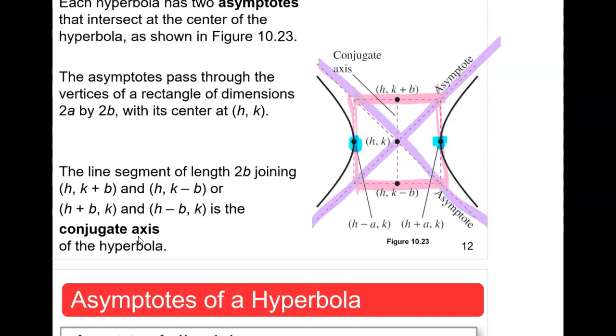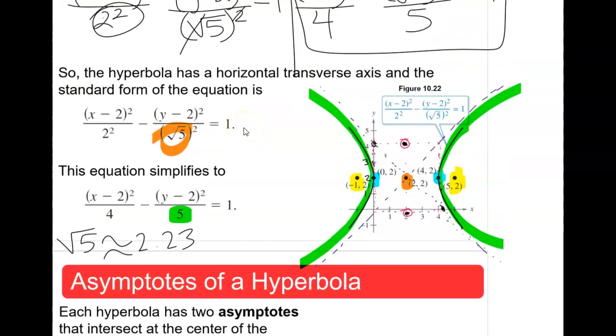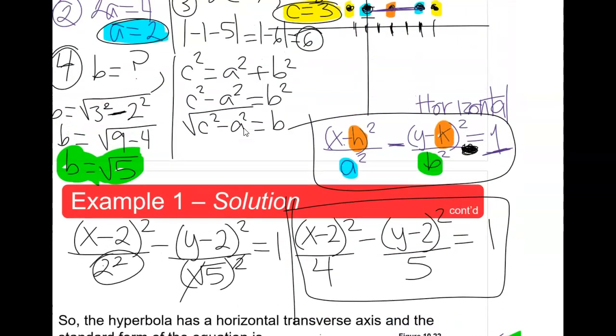Now there's an algebraic way to find them. By the way, before we get to that, the points that we have here, let me use a different color. These 2 points come from the distance of b. That's why I used the square root of 5, because that was b squared right here, meaning that b was the square root of 5. That's what we found it to be.